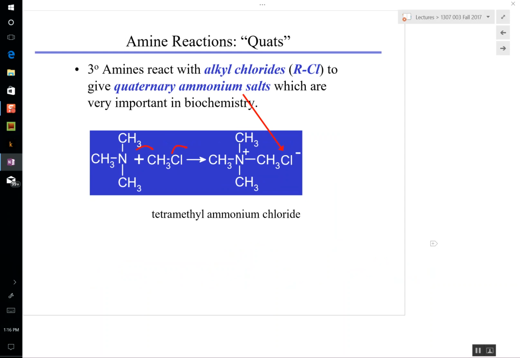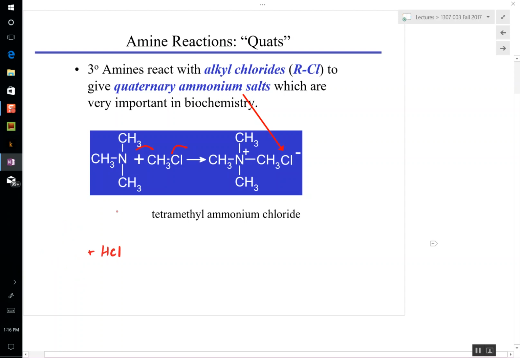Now, a minute ago, I had you take, we want a nitrogen here. I had you take trimethylamine, and we reacted it with HCl. Yeah, let's do it this way.